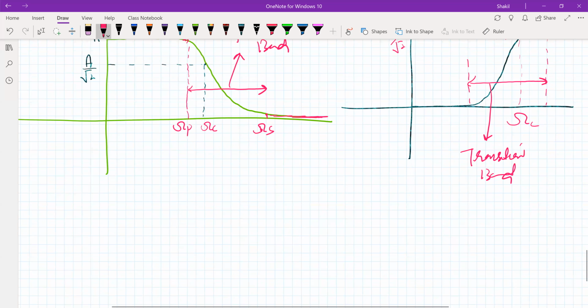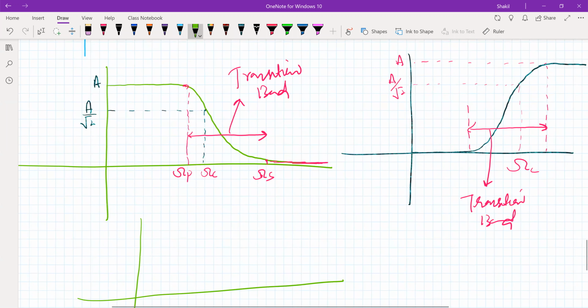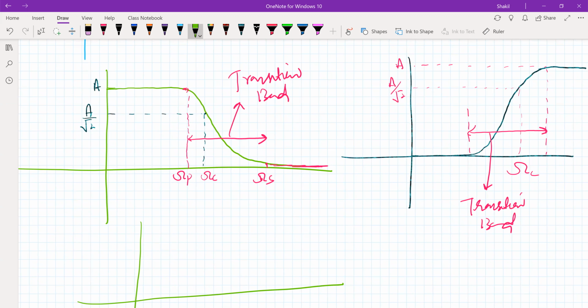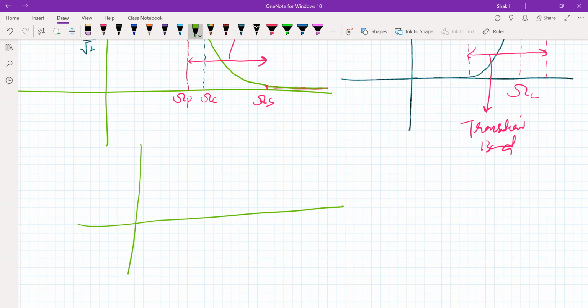One more thing: here the response remains constant in the pass band, and in the stop band the response again remains constant. But we can allow practical filters to have some ripples like this in the pass band, or in the stop band like this. Then you see this is the roll-off from pass band to stop band.